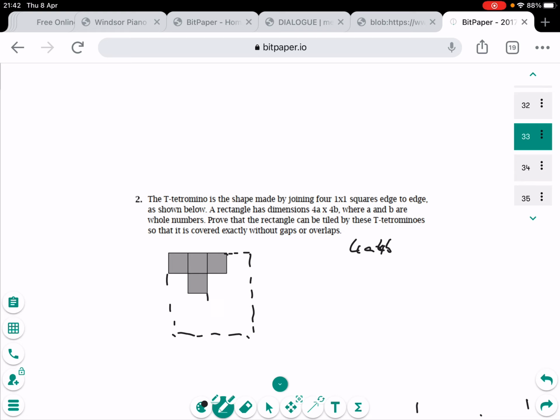So you can actually make a whole square with 4 of these. So prove that the rectangle can be tiled by these tetrominoes, so that it is covered exactly without gaps and overlaps. So that's how easy it is.